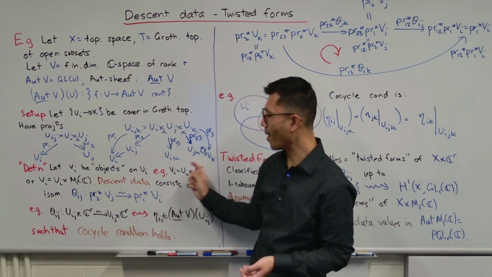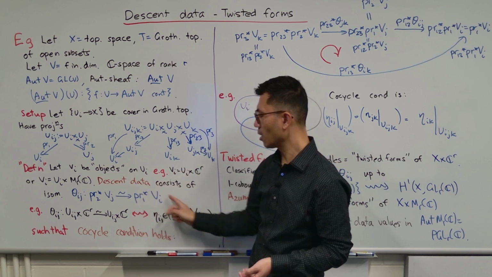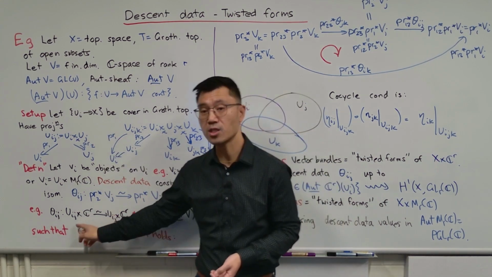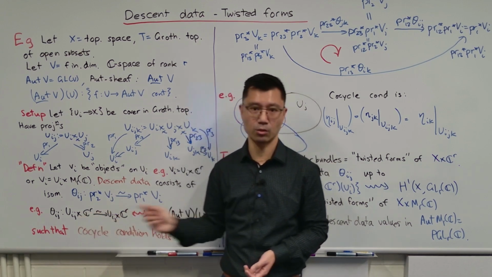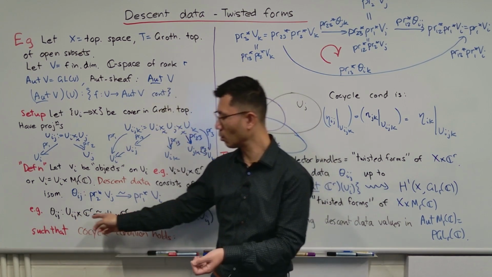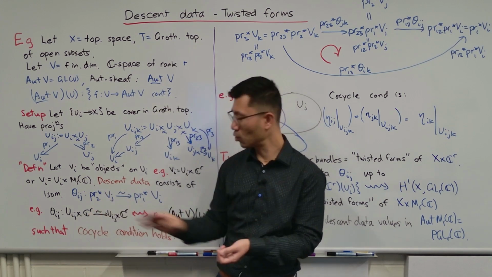And similarly, you're going to pull back this U_i cross C^r to the intersection. So that's U_ij cross C^r. And you would want some isomorphism of vector bundles here. That means over each point of U_ij, you want an automorphism of C^r. And of course, that should vary smoothly.